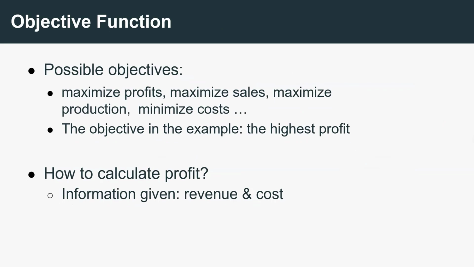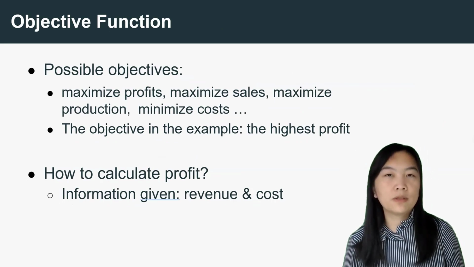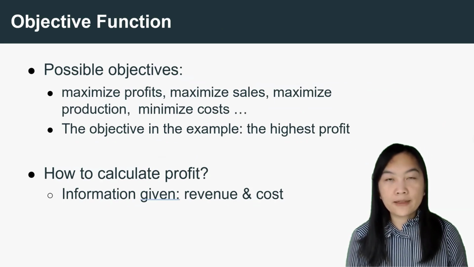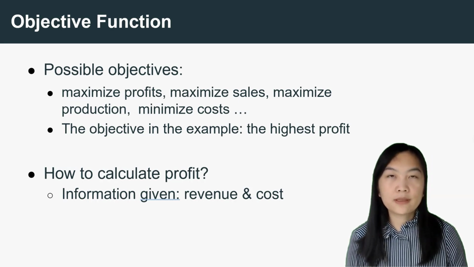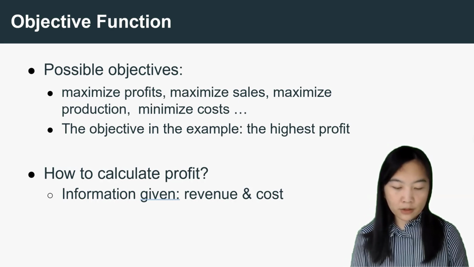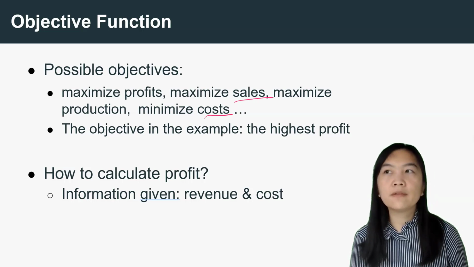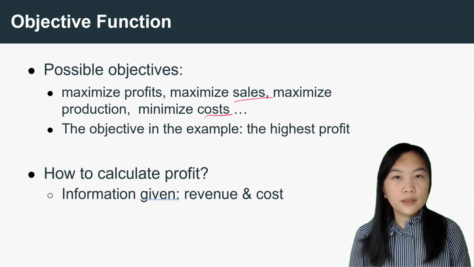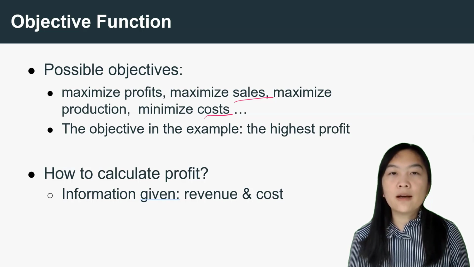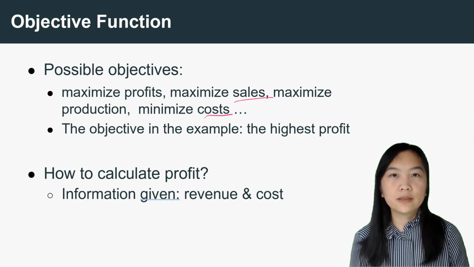There are also other possible objectives. In this example it is profit, but there could be cost or sales or output level and so on. So how do we actually calculate the profit?